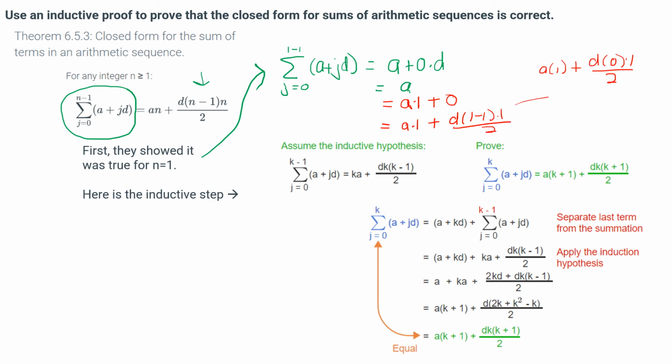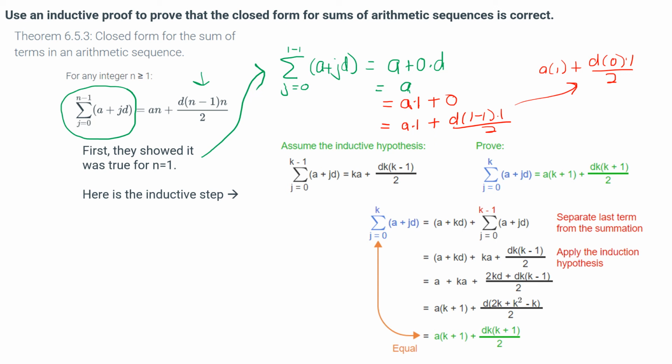So I just went up there and I realized that's equal to 0. So I can replace the 0 with all of this. I'm able to do that, and so therefore I have what I need. I've proven that it's true for n is equal to 1.